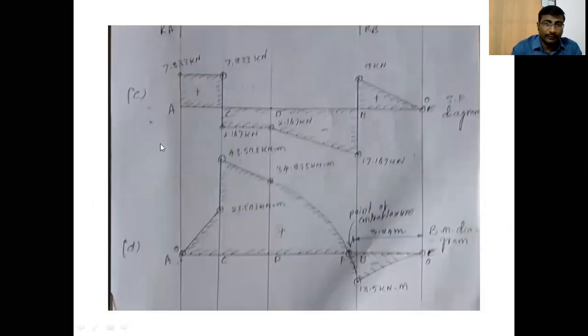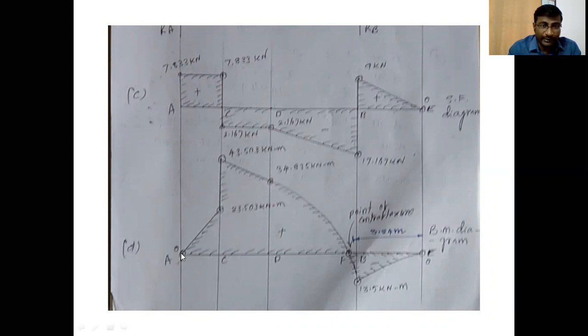Draw the vertical line on the positive side and locate 43.503 kilonewton meter, and at the same point locate 23.503 on the positive side. These are the 2 bending moment values at point C. The diagram suddenly changes from 43 to 23.503 because a couple or moment is acting at point C.